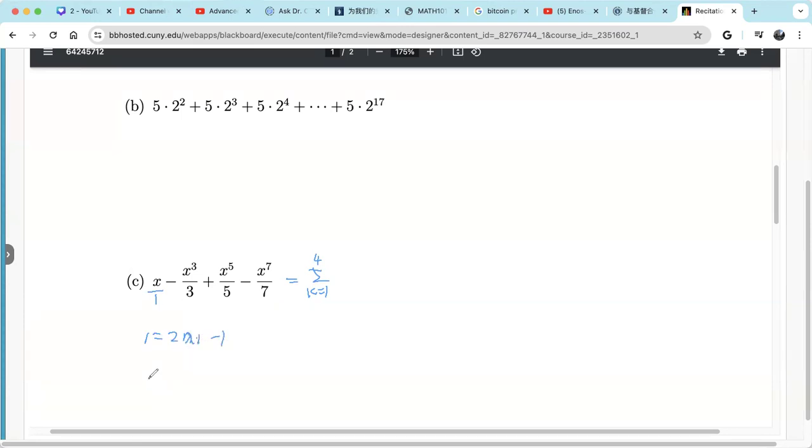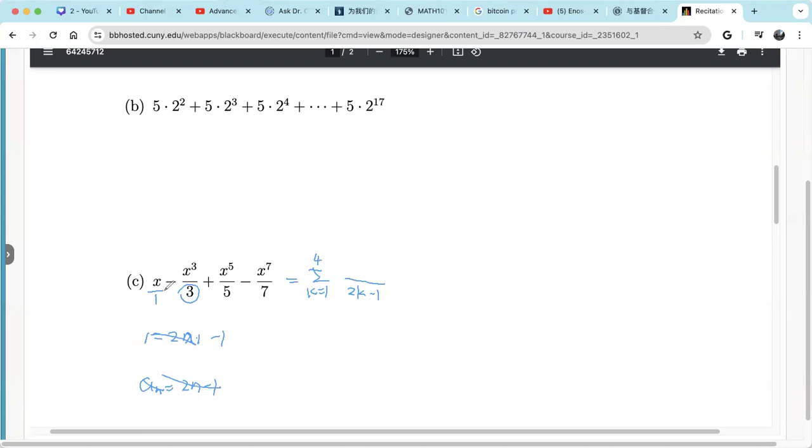So the denominator will be 2k minus 1. The second term, how do we get 3? 3 is 2 times 2 minus 1. 5 is 2 times 3 minus 1. 7 is 2 times 4 minus 1. So the denominator will have 2k minus 1. I usually like to use n, but here we want to use k. That's for the denominator.